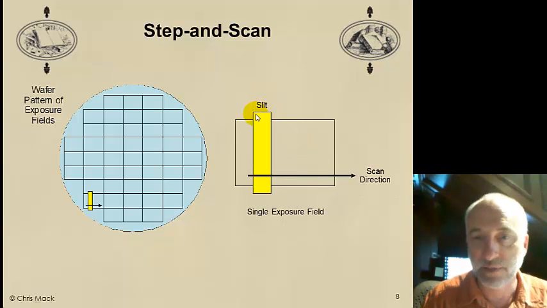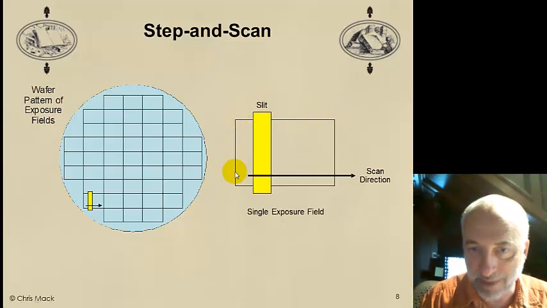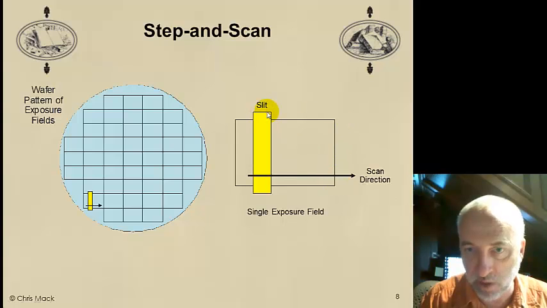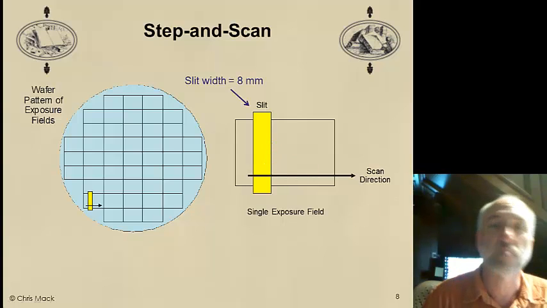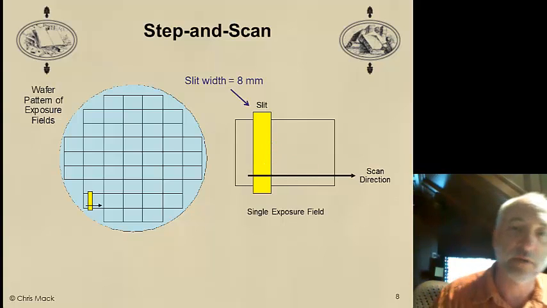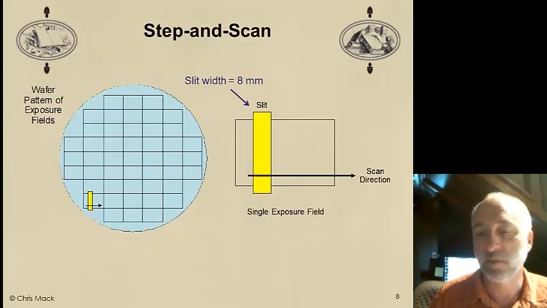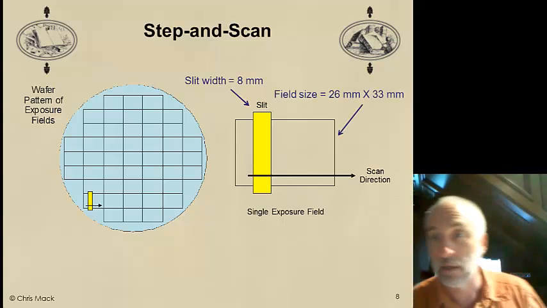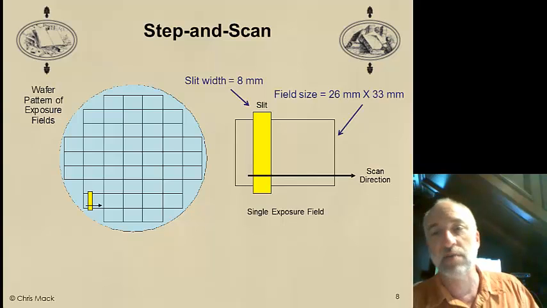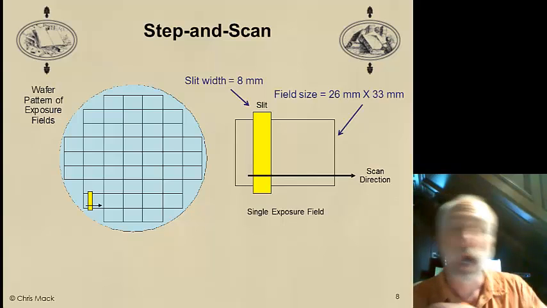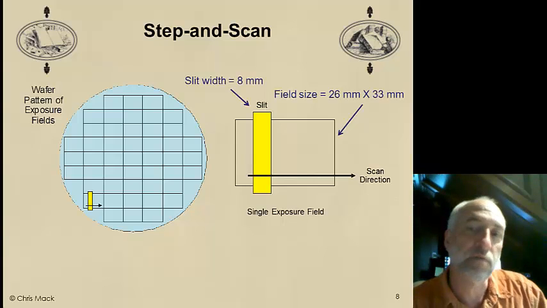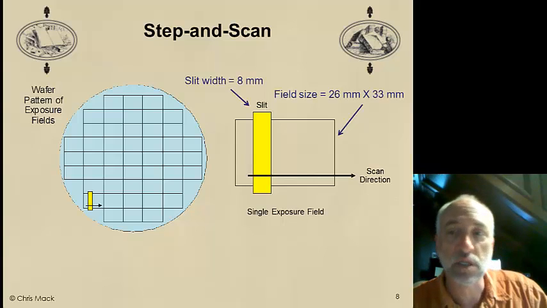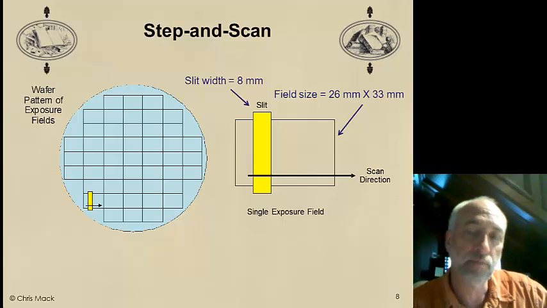My optical system, instead of having to expose this entire field at once, only exposes the slit, which is about 8 millimeters wide. So I can reduce the complexity of the optical system by using a slit instead of exposing the whole field. The field itself can be made large, especially in the scan direction. I'm only limited by how far I can move the stage and how big I can make the mask. So the field size is at a maximum 26 by 33 millimeters on these tools.